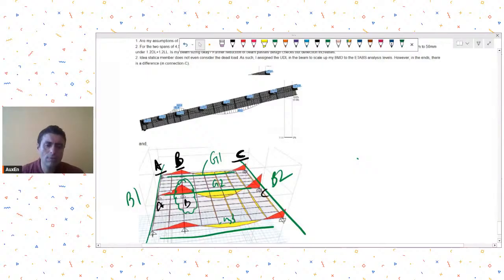If you want to have splicing, you provide it at this inflection point, or at this inflection point, or anywhere in between also, but don't have a splice connection in the region of point B.